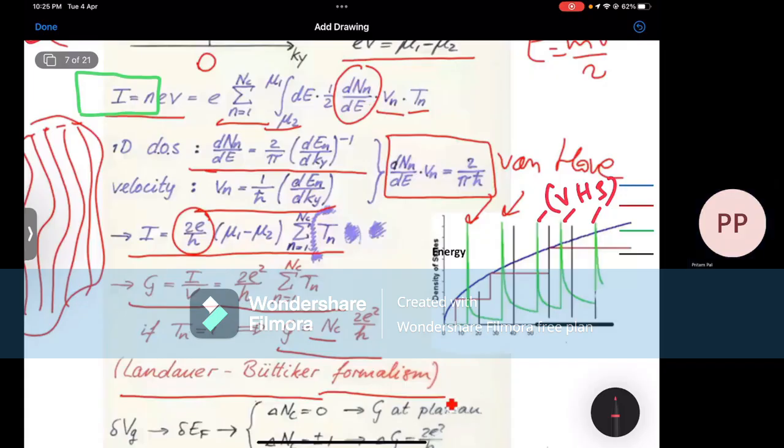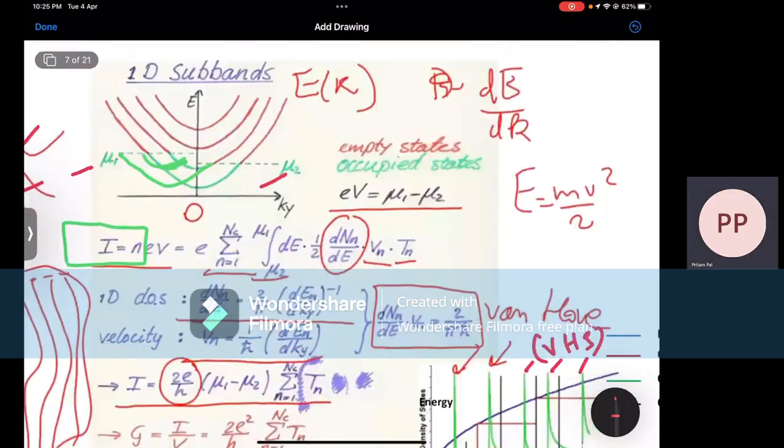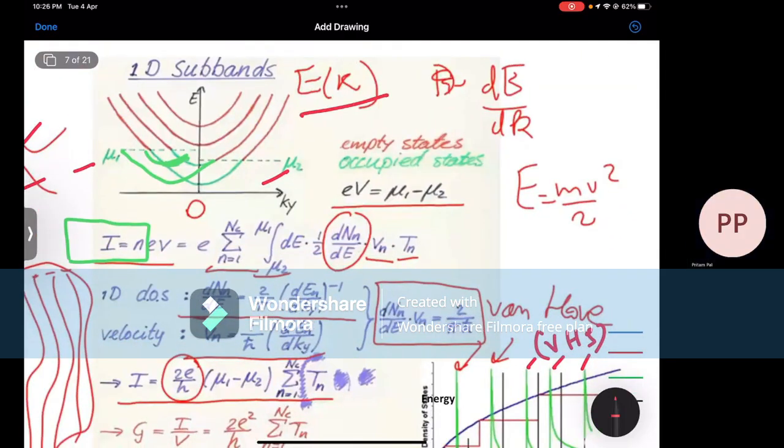You can see that very clearly. The energy of the electron as a function of k is a parabola.